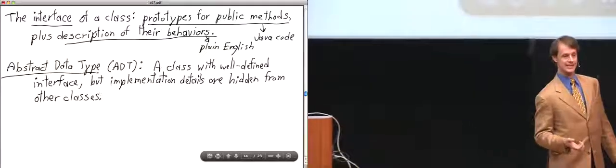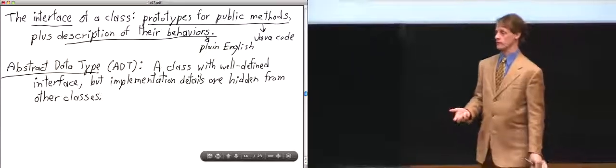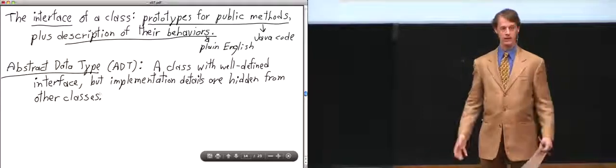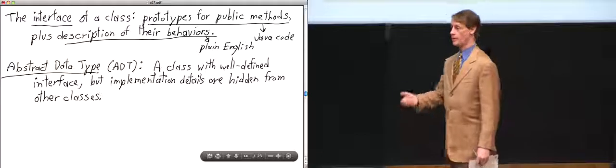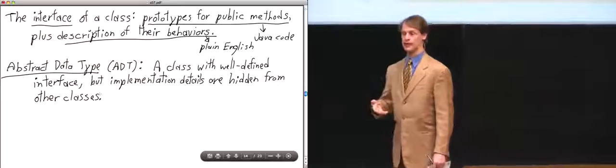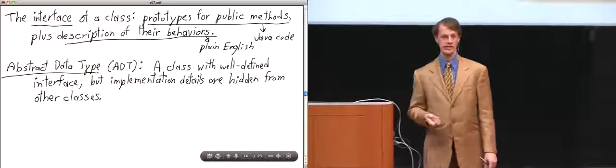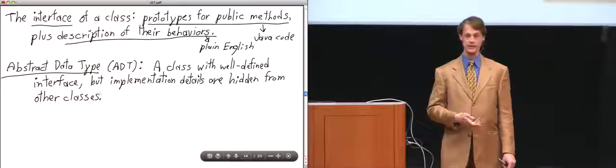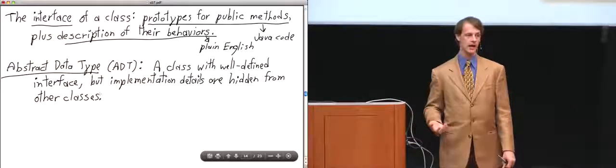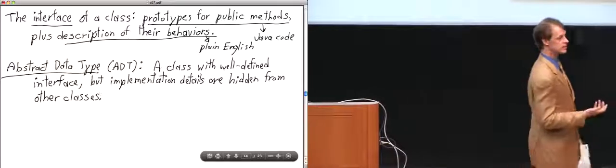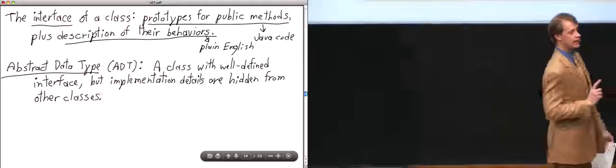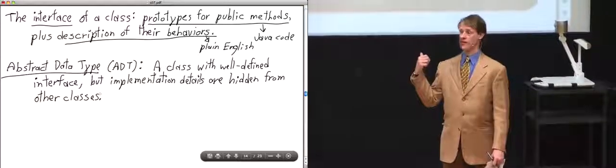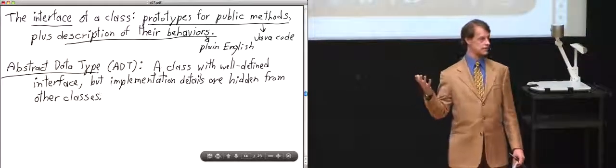But the implementation details of your data structure are hidden from other classes. So what does that mean? That means I would like to have an interface for lists that lets me do things like find the nth item in a list, add a new item to the beginning of a list, delete an item from the end of a list, insert an item in the middle of the list at position X. But the interface doesn't reveal whether I'm using an array-based list or a linked list.